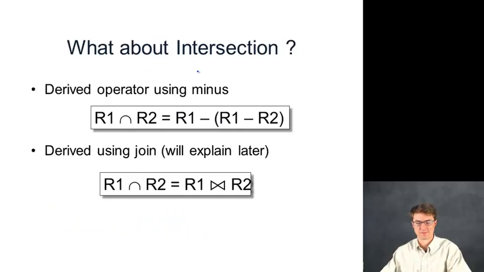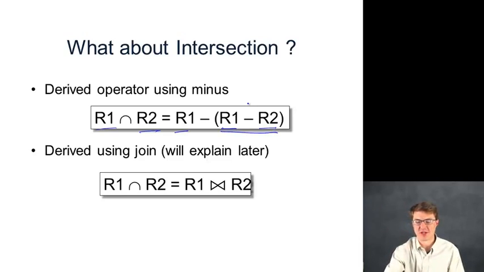Okay. So what about intersection? That's another set operation that we could lift up. You can indeed define intersection, but you don't necessarily need to have it as a fundamental operator because you can re-express it in terms of difference. If I want the intersection of R1 and R2, I can take everything in R1 that is not in R2, and then I can take everything in R1 that is not in that result.